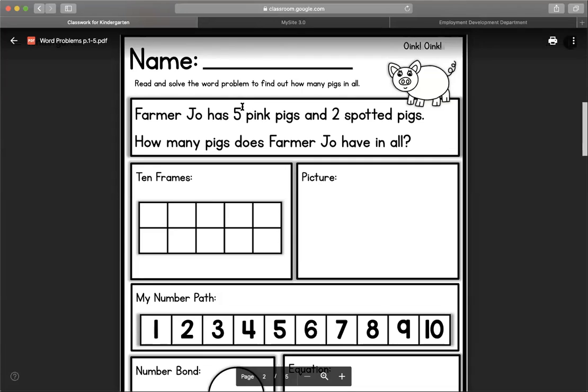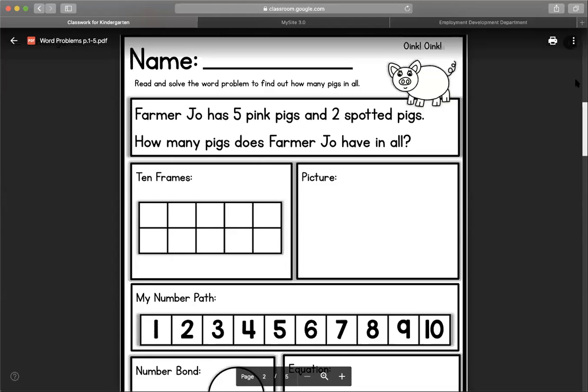And 2. Try that. Good. Spotted. Good job. Spotted pigs. Very good.